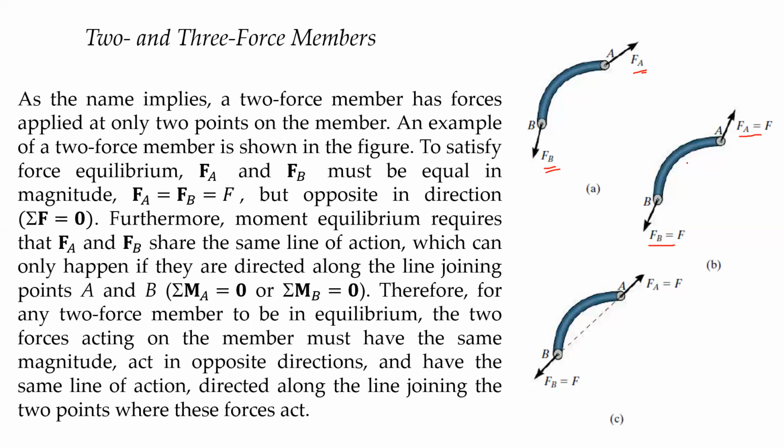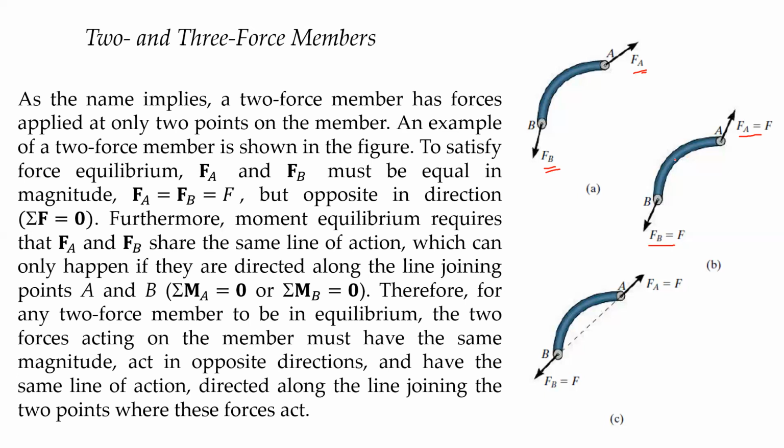If we do moment about B, you will not be considering F sub B because the line of action of F sub B passes through point B. Now, if the force applied at A also has a line of action that passes through point B, then their moment summation is equal to zero.